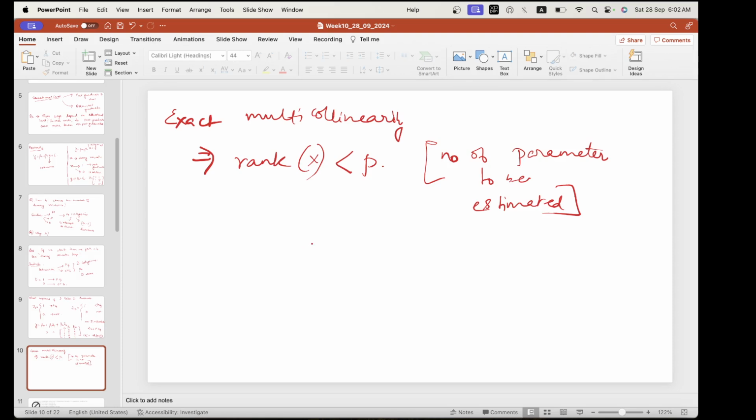Since rank x is less than p, the inverse of x prime x will not be possible, and we will not get a unique solution, or we won't be able to invert x prime x.